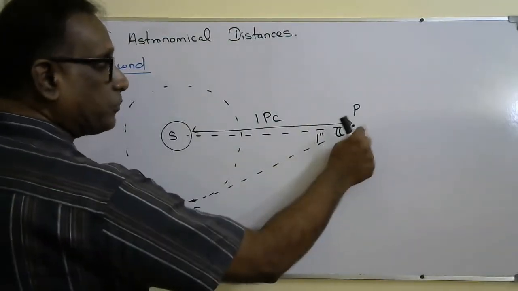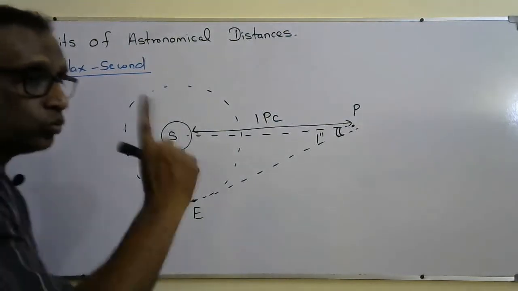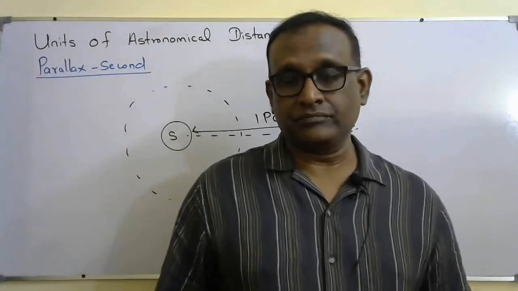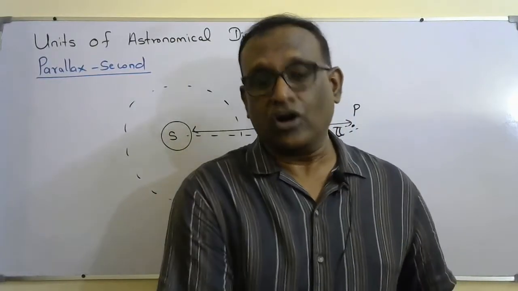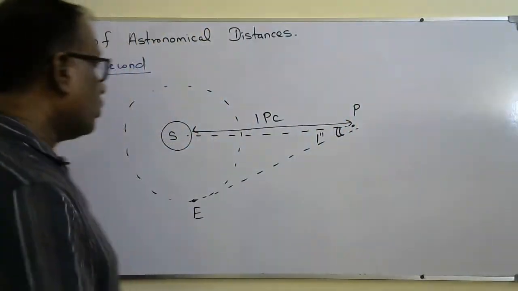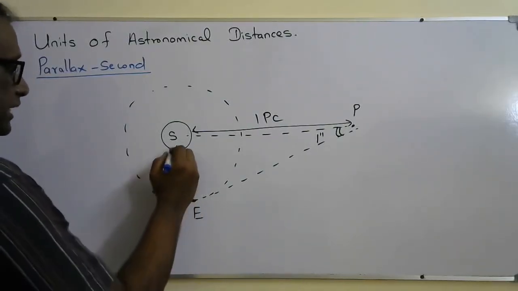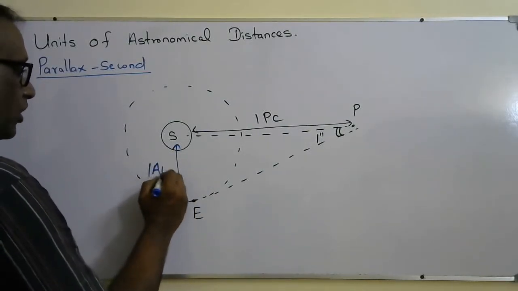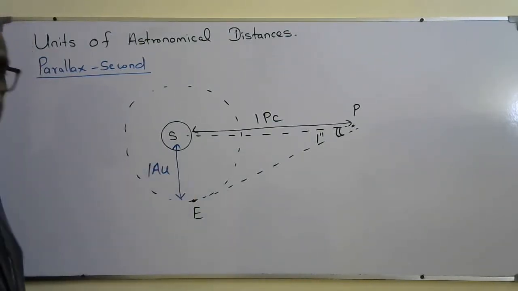Then the distance of the point P from the Sun is defined as 1 parallax second. By using this definition, we can get a numerical value for 1 parallax second. We know that the average distance of the Earth from the Sun is 1 astronomical unit, 1 AU. I already defined it, and we know how much 1 AU is in meters.